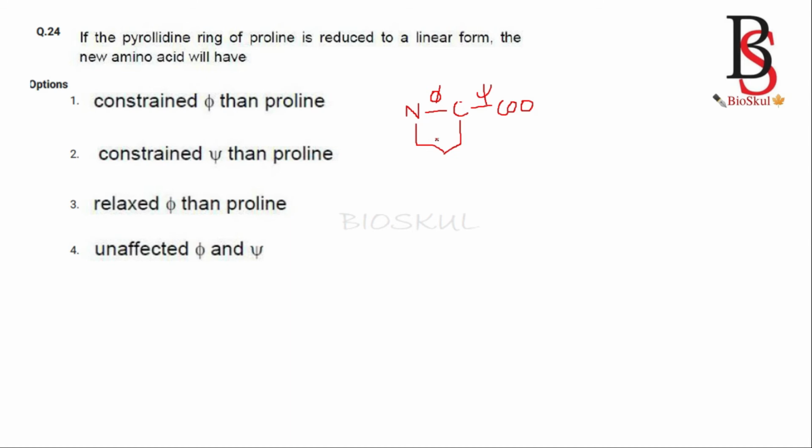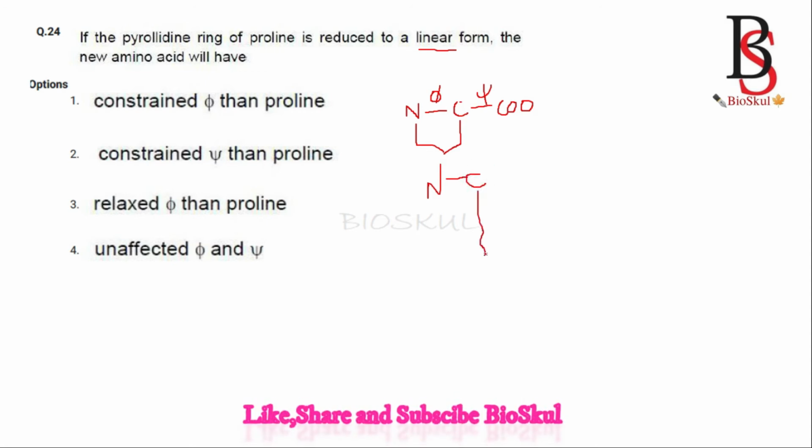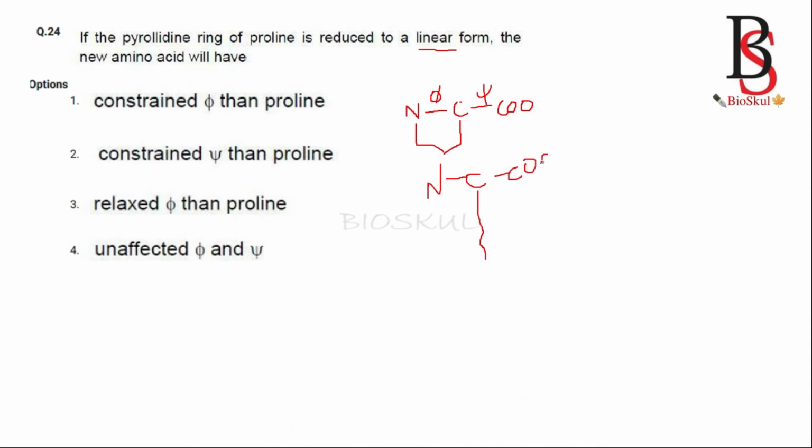Okay. So it says that if the pyrrolidine ring of proline is reduced and forms a linear structure, the new amino acid will have, constant phi, then proline. Okay.